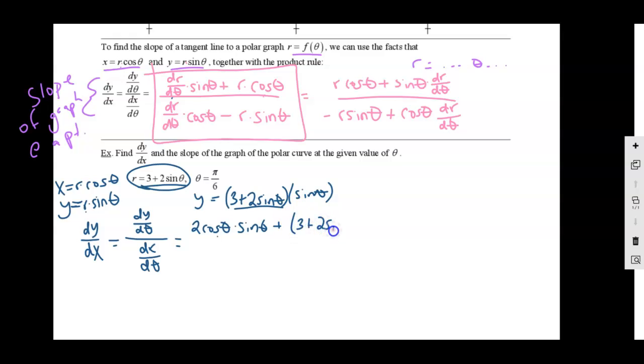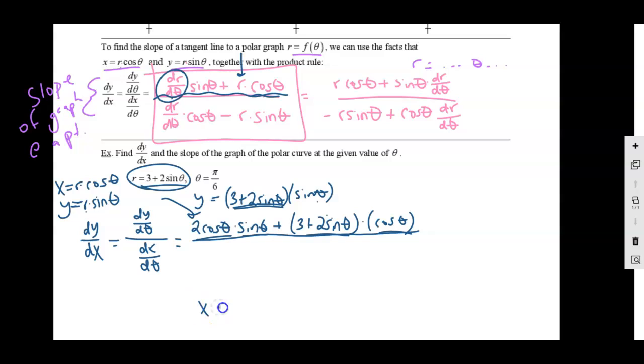Again, your product rule, since y is r sine theta, we have to do product rule. The derivative of the first times the second, which you just copy, plus the derivative of the second times the first. All that stuff is in your numerator. It's just following that same formula. We take the derivative for r, plugged it in, then sine theta, there it is. Then we just copied the r, there it is, and then the cosine.